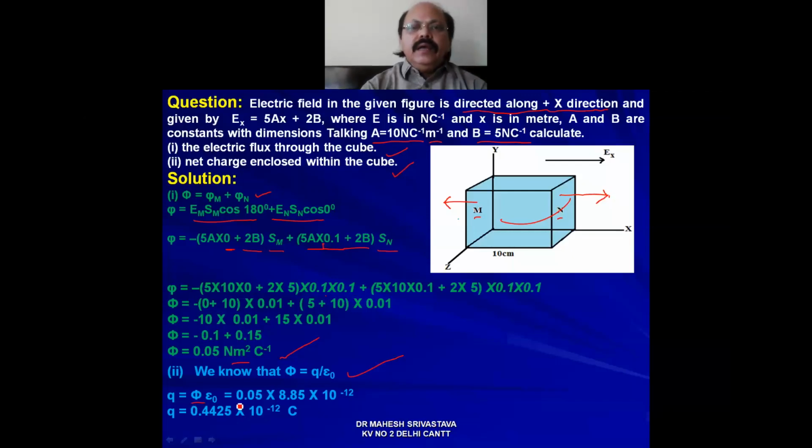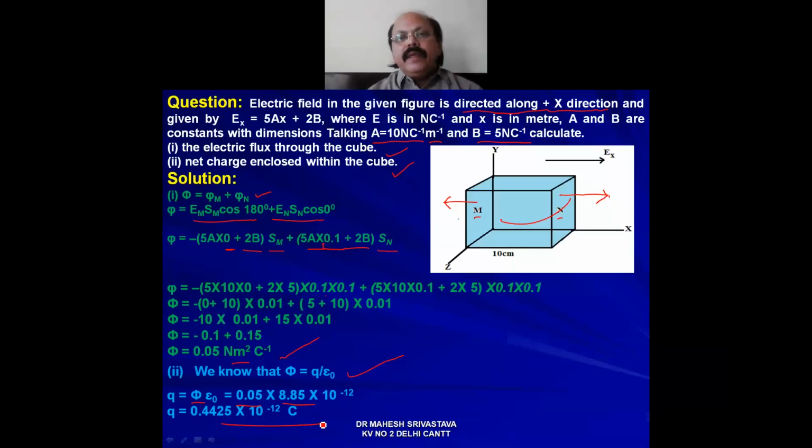Substitute the values. Phi is 0.05 and epsilon naught you know is 8.85 into 10 to the power minus 12. So when you solve it, you will get q is equal to 0.4425 into 10 to the power minus 12 coulomb. So this much is the net charge enclosed within that cube.